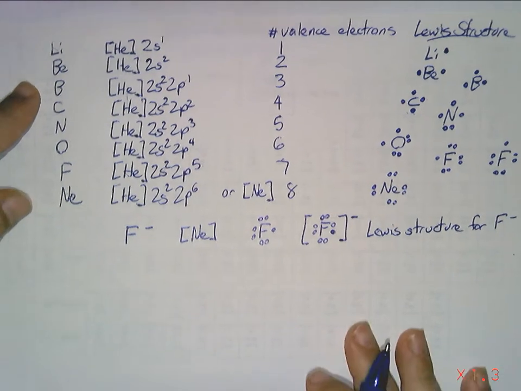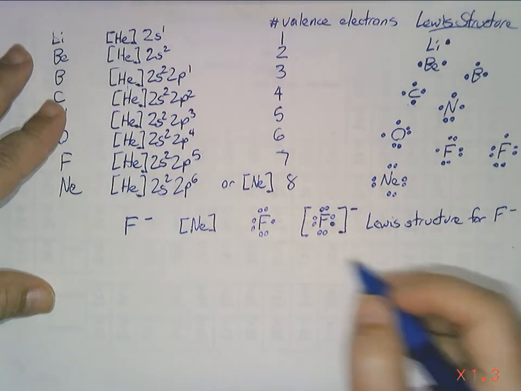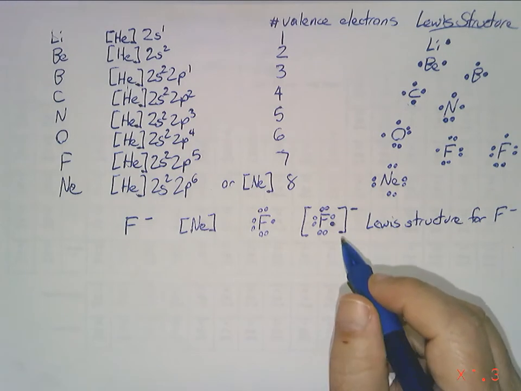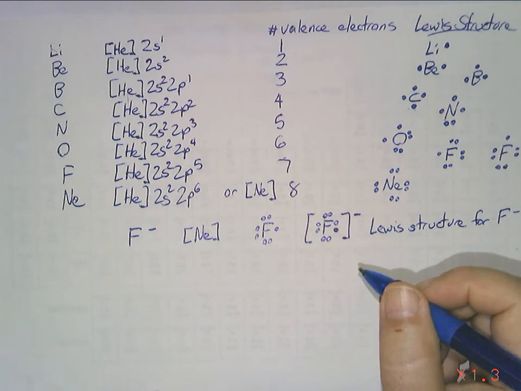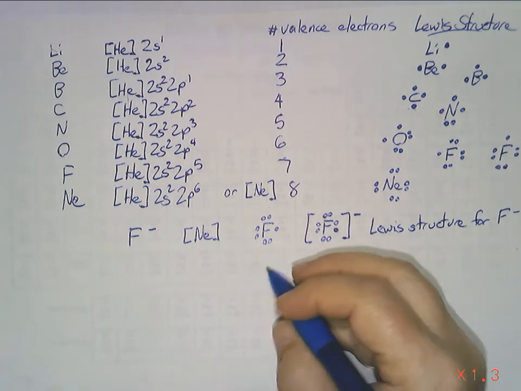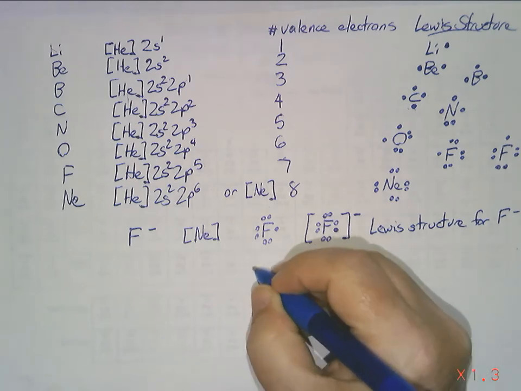Now, I can write a rule that guided me here in making the fluoride ion configuration. I can say the octet rule.